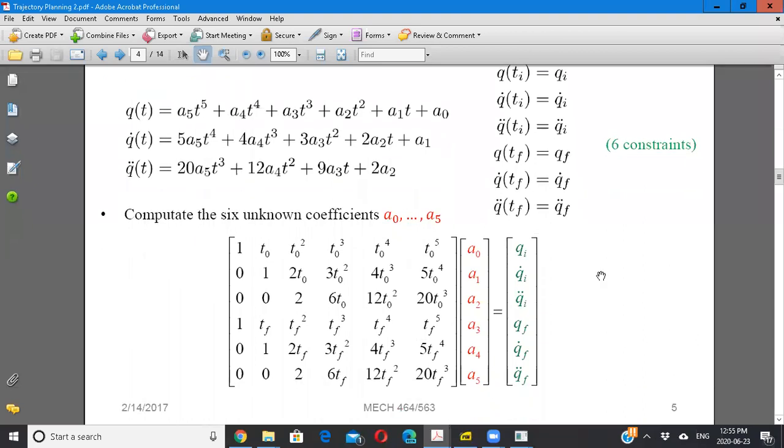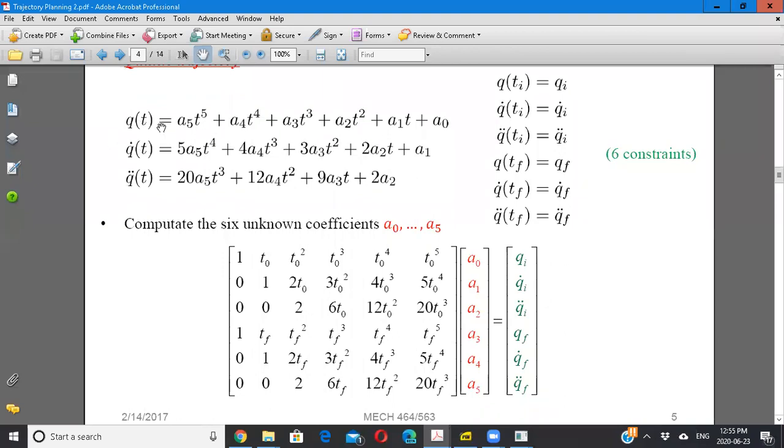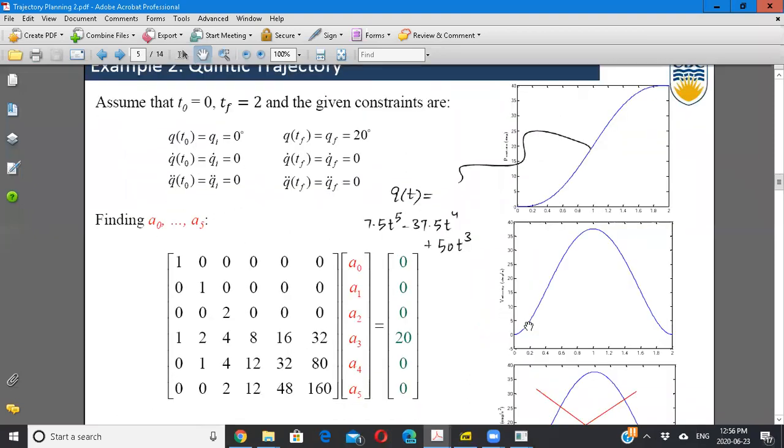So just like we did on the previous slide, take this equation and put t equal to 0 at t naught, t_i, and just repeat the same. And this time you will have a 6 by 6 matrix here, a 6 by 1 matrix of unknown coefficients here, and a 6 by 1 of known values on the right here. And you can solve them and you can get that.